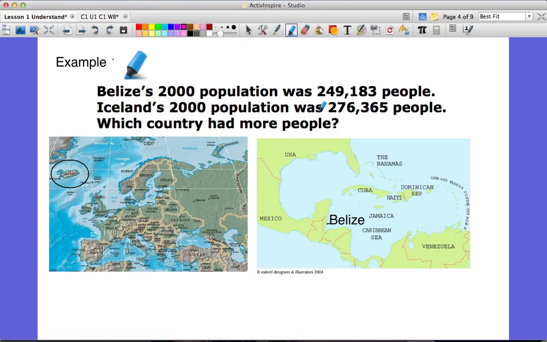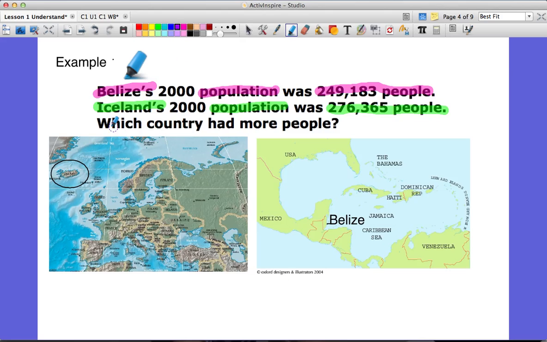Okay, so now what we're doing is we're taking place value and we're going to use it to compare numbers. So the important part here is that Belize's population is 249,183 people. And if you want to, you can even change up the colors if it's different information. So I'll use green for Iceland's population. That was 276,365 people.